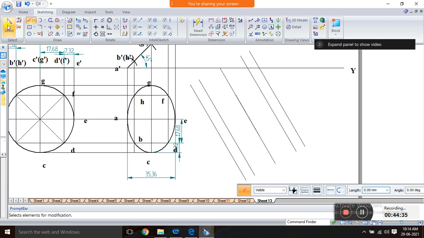Like this you have to mark. Okay, then just a minute. Placed it. You can call this one A and this one E.